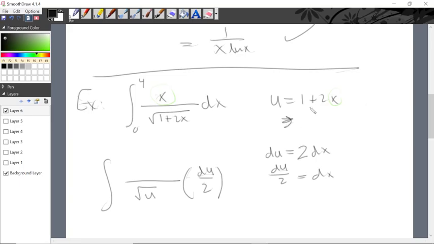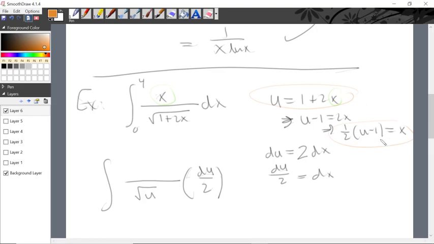We invert the substitution. So let's invert this substitution. If we have u minus 1 is equal to 2x, then 1/2 times u minus 1 is equal to x. All right, it's the same substitution, but inverted. Solve for the input variable x. The function was invertible, it was 1-to-1 on the given interval.